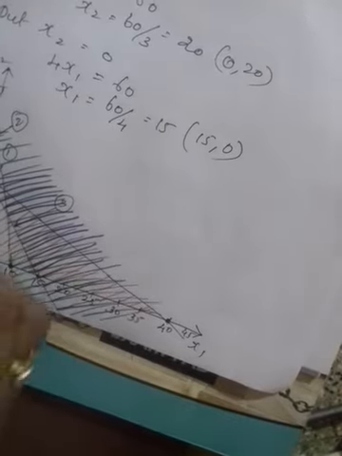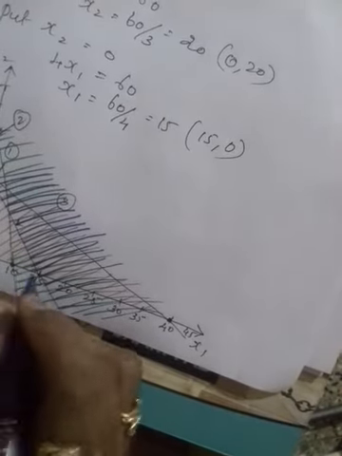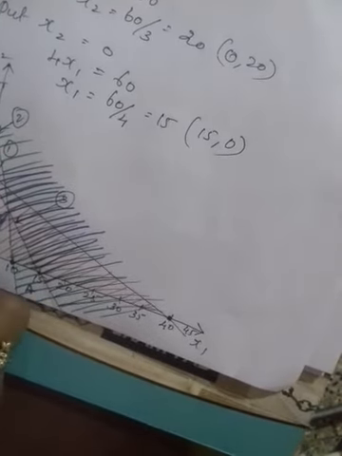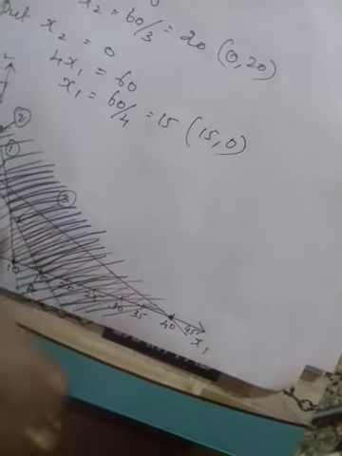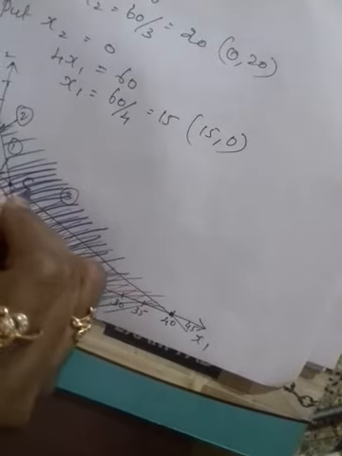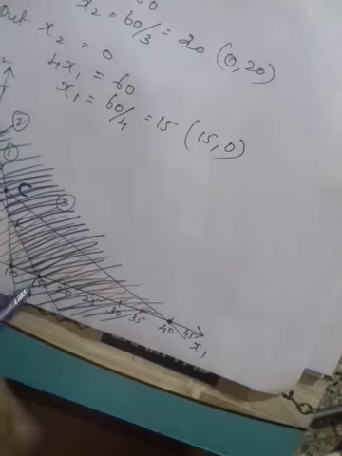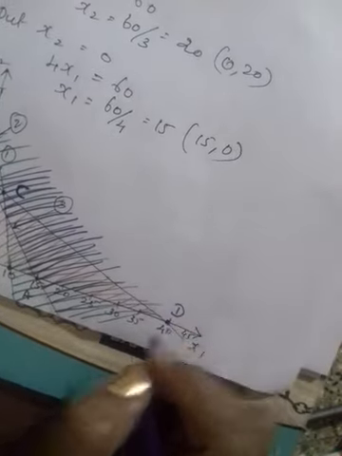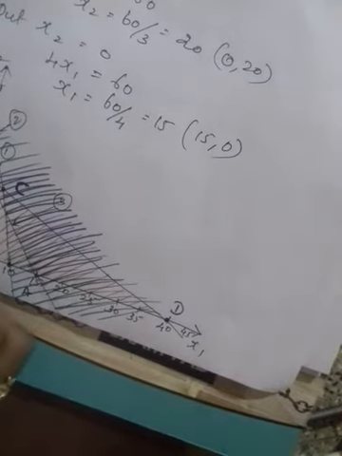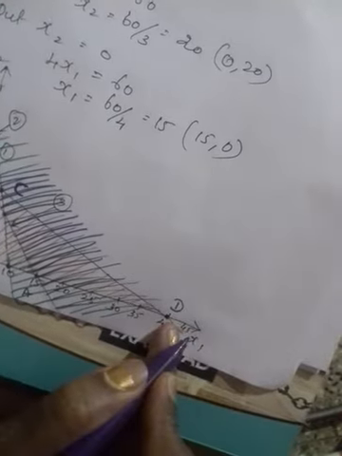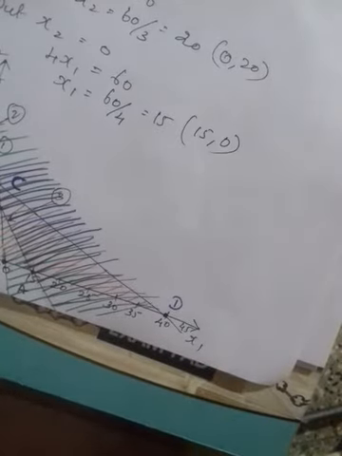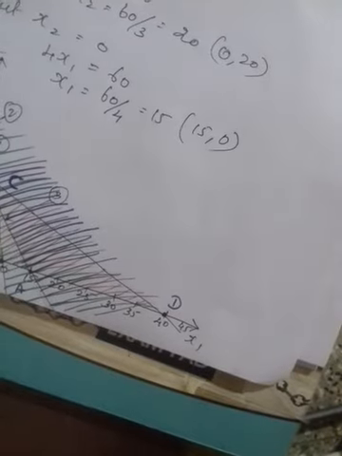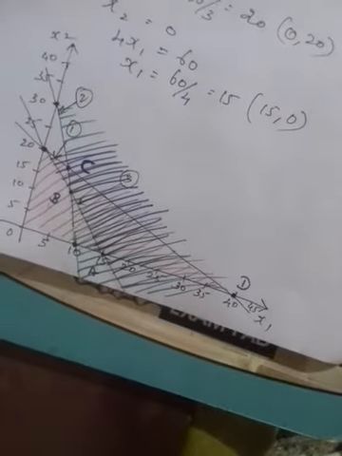I am going to write this as A, this B, this C, and this one D. A B C D is the feasible region, the other region is infeasible.